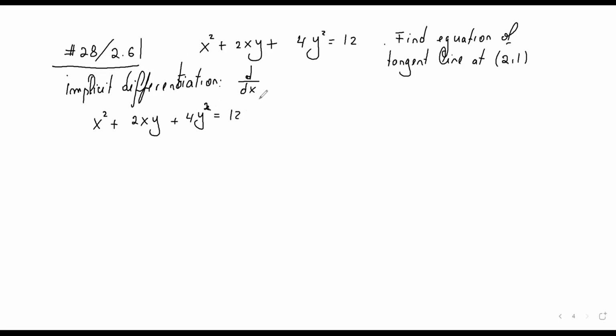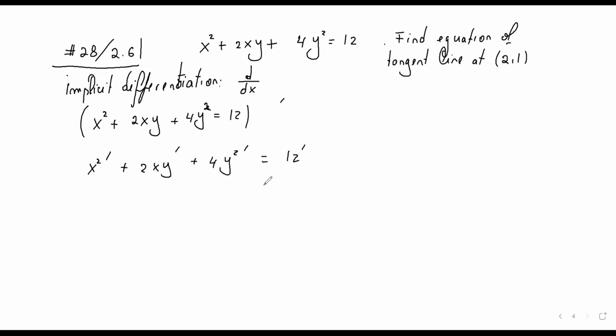All right, so how do we do derivatives? Well, we do the derivative on both sides, right? So everything here gets hit by a prime. So we have x squared prime plus 2xy prime plus 4y squared prime equals 12 prime.